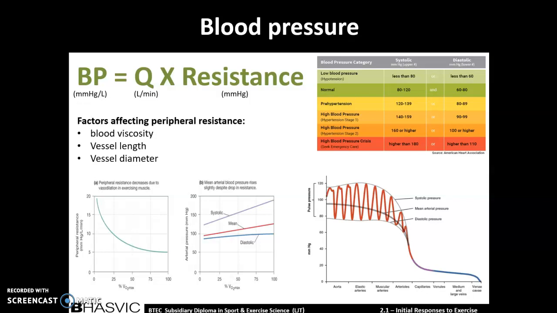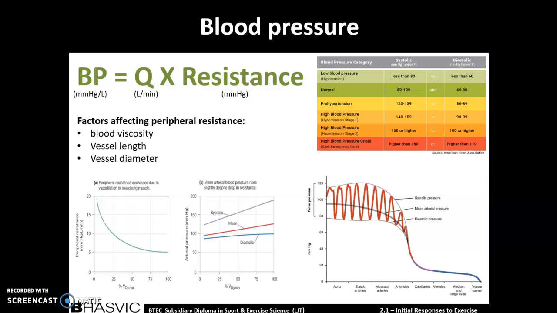So as the stroke volume increases, that means it's pumping blood at a greater force, causing the blood pressure on the blood vessel walls to be higher. So that's why the systolic blood pressure is increasing.